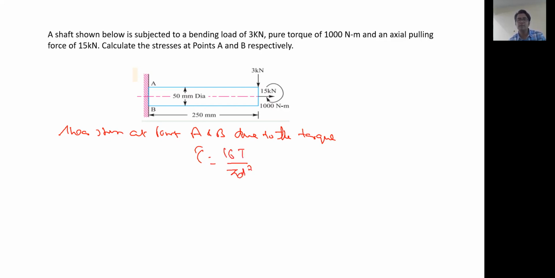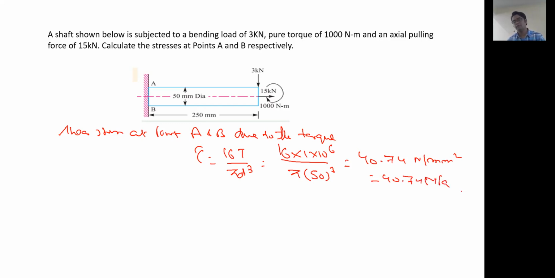This equation we might have studied in SOM, right? So it is 16 into 1 into 10 power 6 by pi, and d is 50, so it is cube. So your answer will come as 40.74 Newton per mm square, or 40.74 MPa.